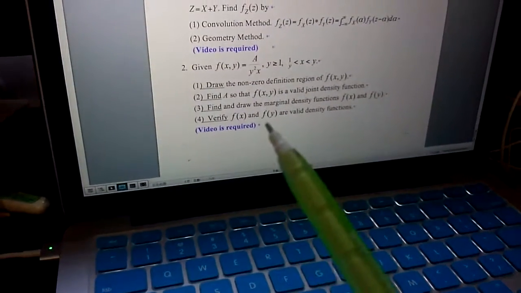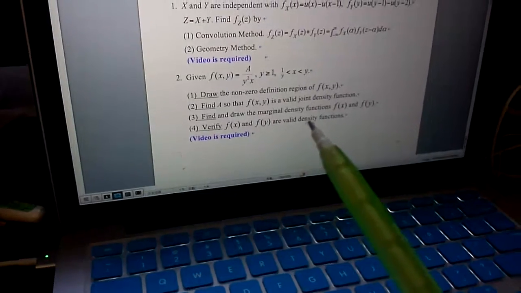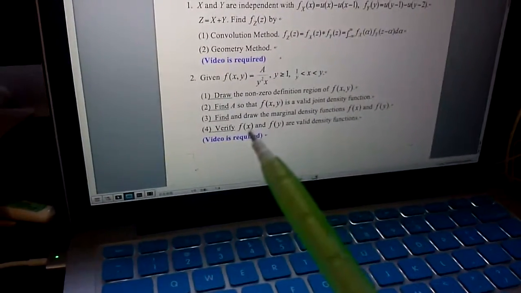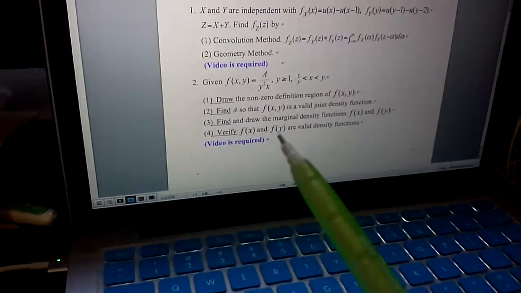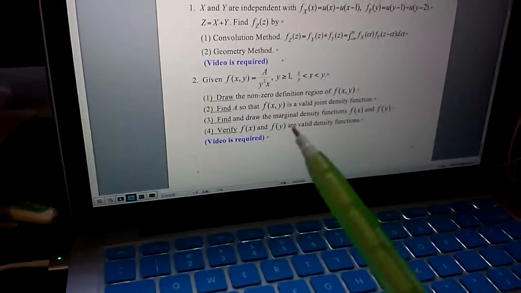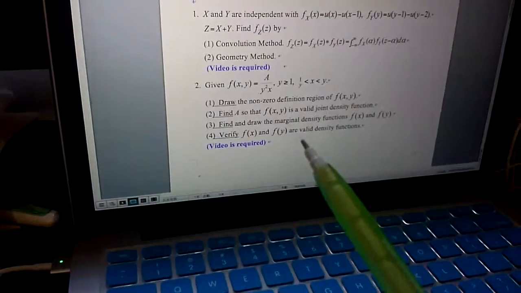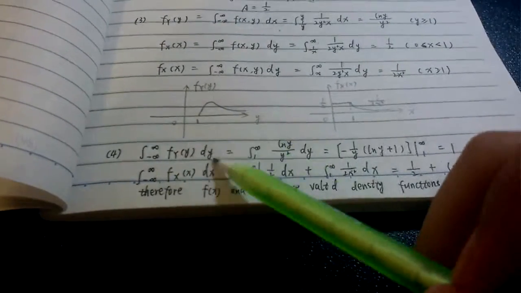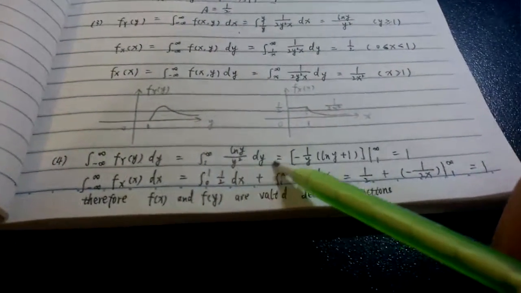to verify f_X and f_Y are valid density functions. That is, we have to prove the integrals of f_X and f_Y are equal to 1. We can calculate the integral of f_Y(y) dy, which is equal to this part.